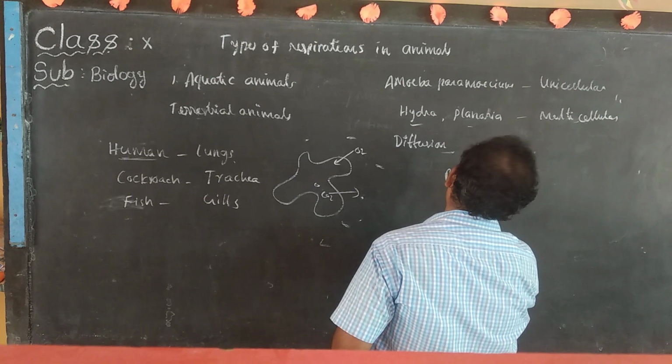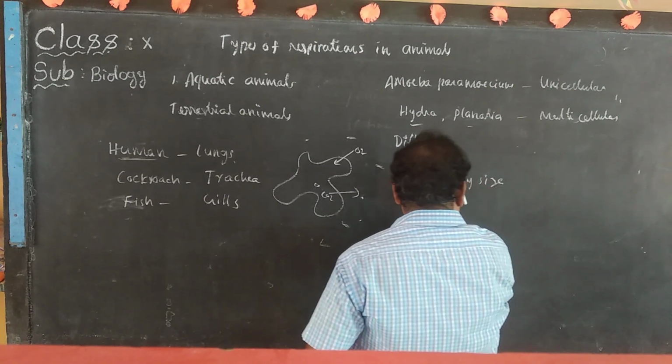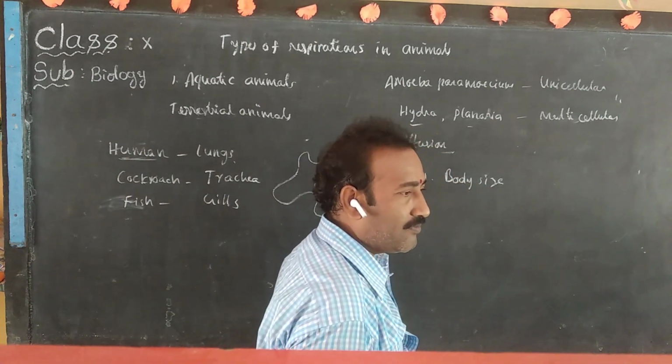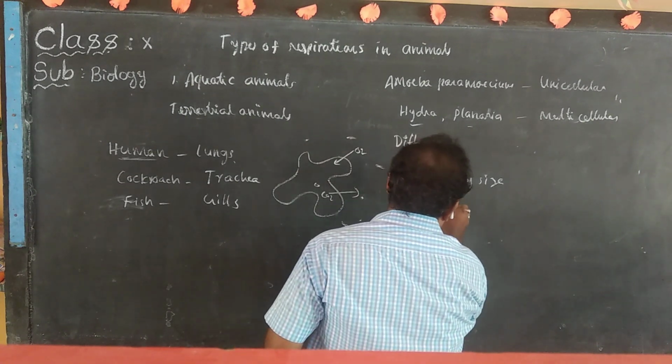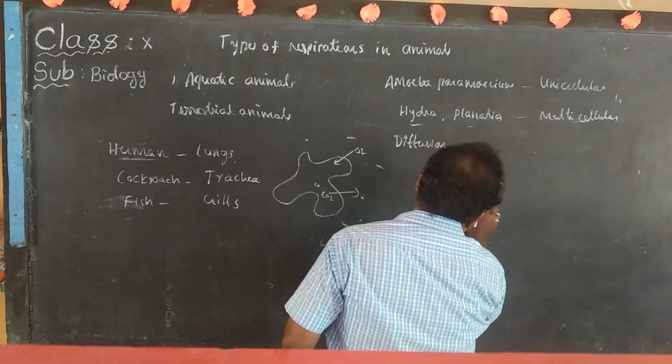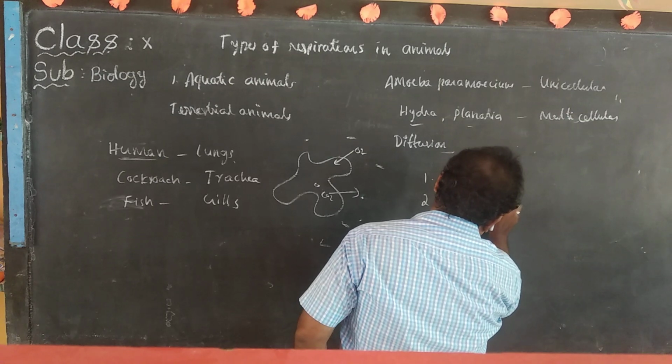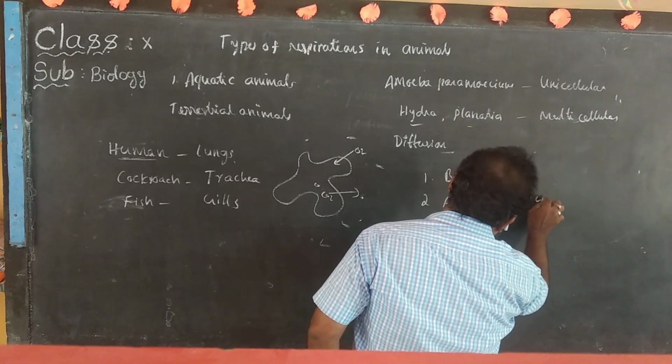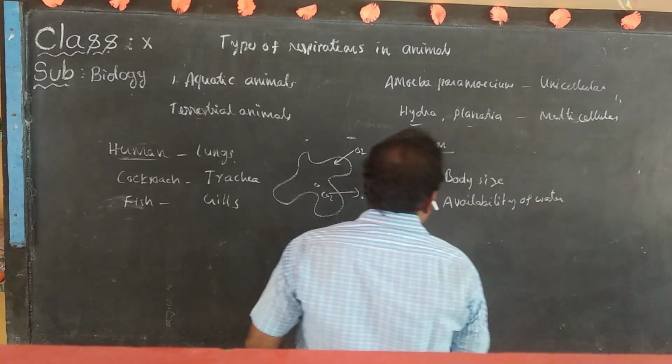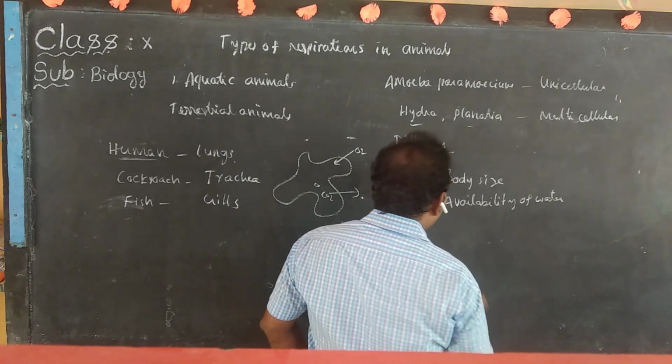Body size of an organism, and the availability of water, and the type of circulatory system.